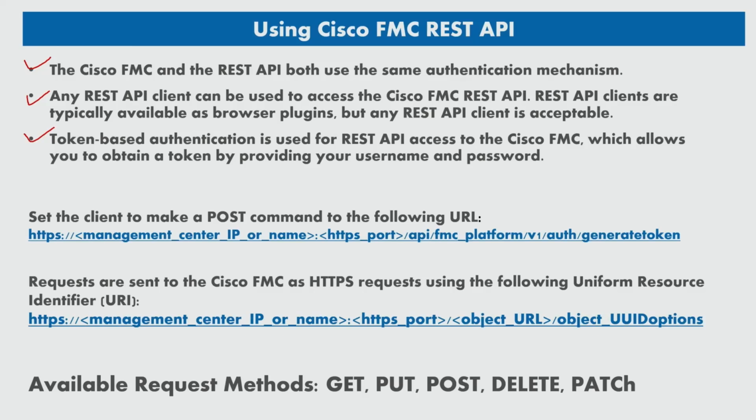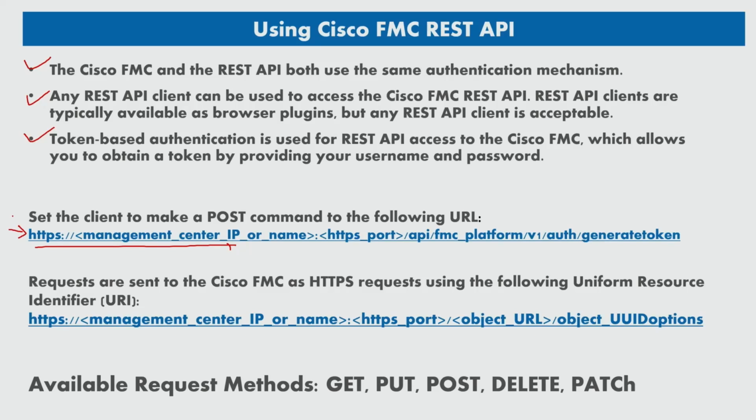To request an authentication token for the REST API access to the Cisco FMC, you have to perform the following. First, open your REST API client and set the client to make a POST command using this particular URL. Here you have to include the username and password as a basic authentication header.